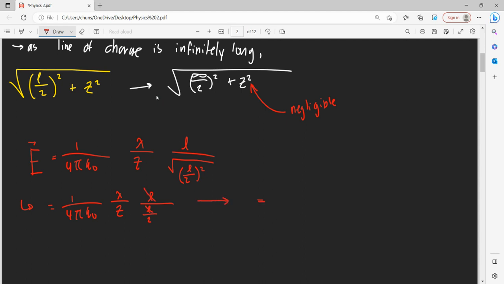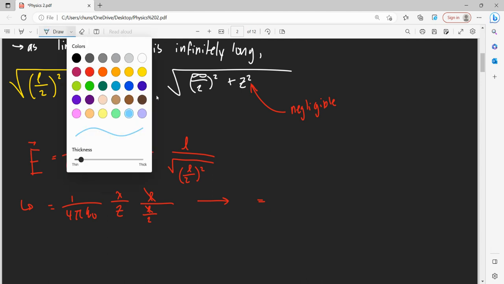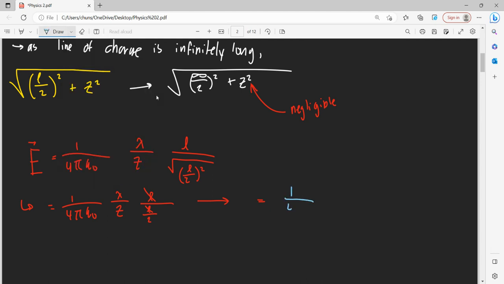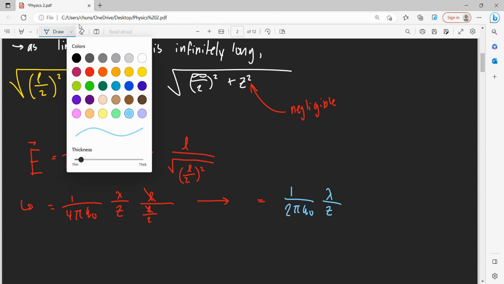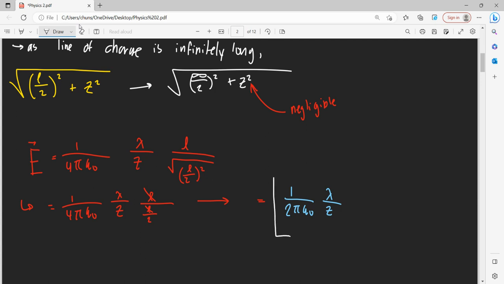So finally, that will give us, I'm going to do this in a different color, 1 over 4 pi epsilon naught lambda over z. And that 2 from up here, we're going to move that 2 up here. That's going to cancel with our 4 and reduce that 4 down to 2. So this goes away. And that brings us down to 2. So this is our final equation that we can use if our line of charge is infinitely long.